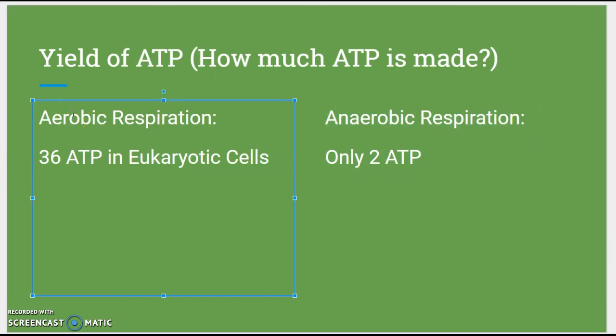So over here in aerobic respiration, you have 36 ATP, okay? So a significant larger amount of ATP is created during aerobic respiration. The aerobic is ideal. That's what you want to occur. However, your body has adapted, and if you can't perform aerobic respiration, anaerobic respiration can also occur.